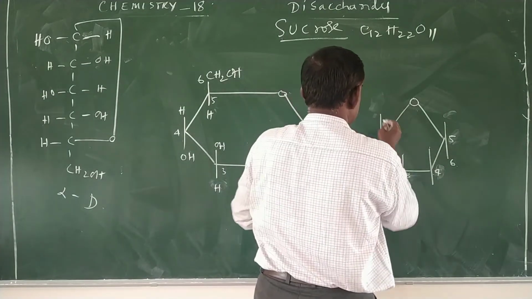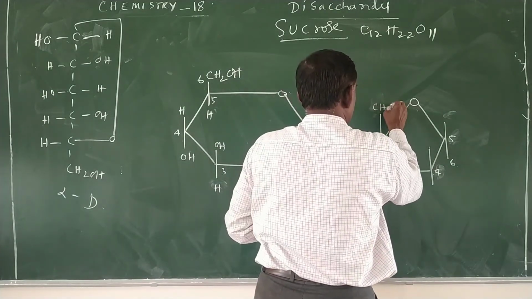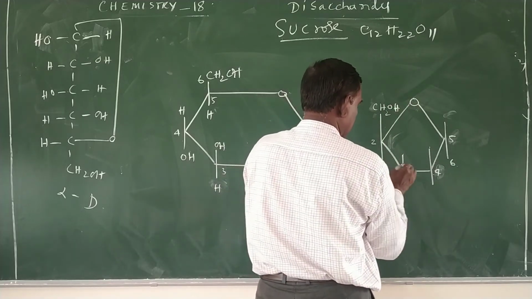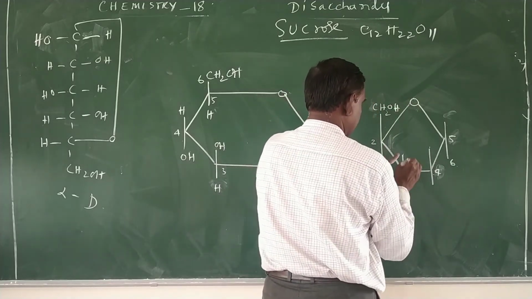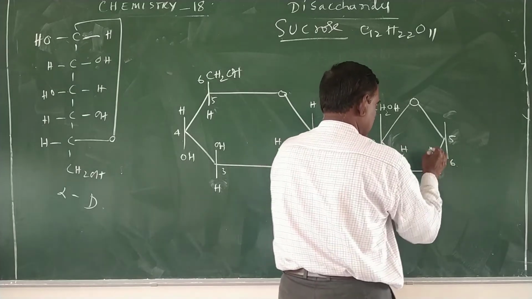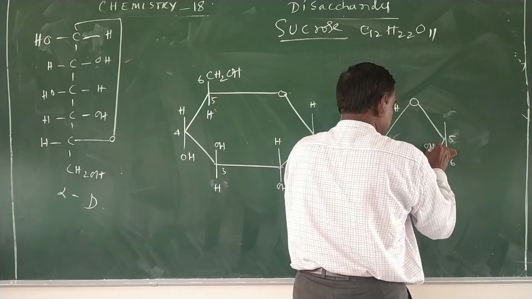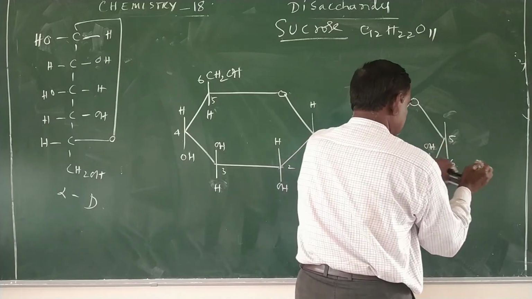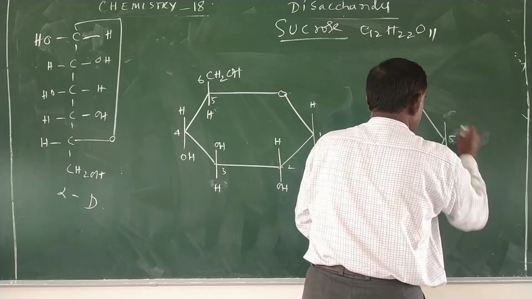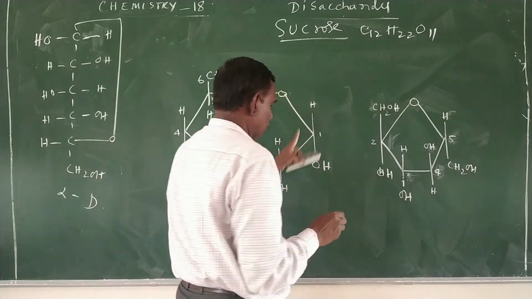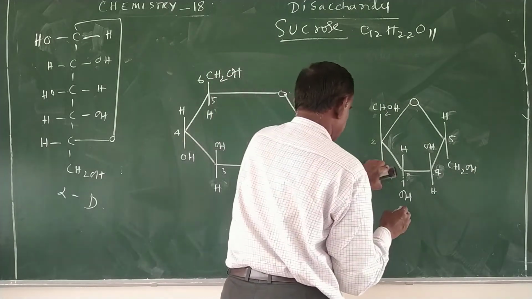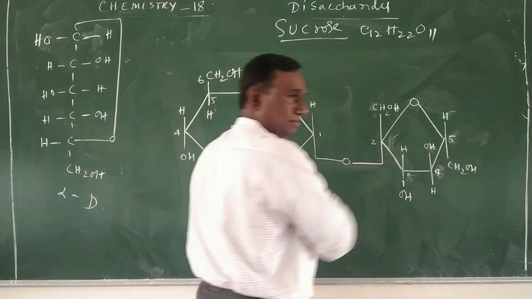Then the groups here again: CH2OH, H, OH, H, this is OH, this is OH, this is H, CH2OH, and H. You have to link these two by losing H2O, and you get an O in between.